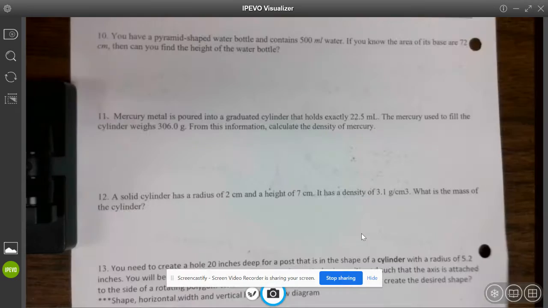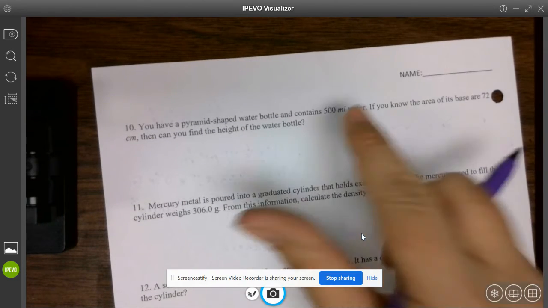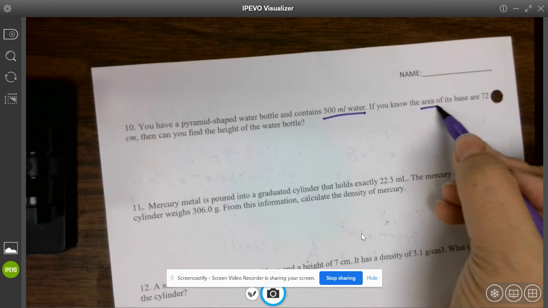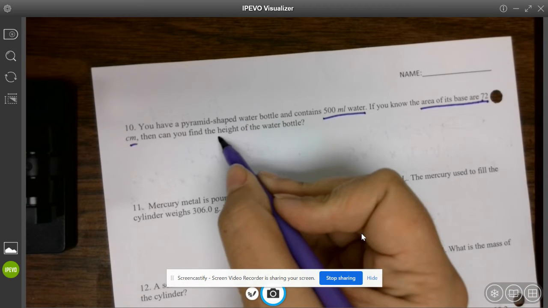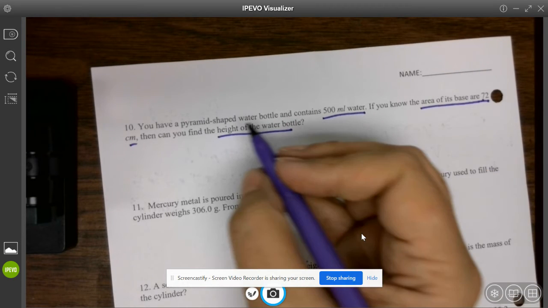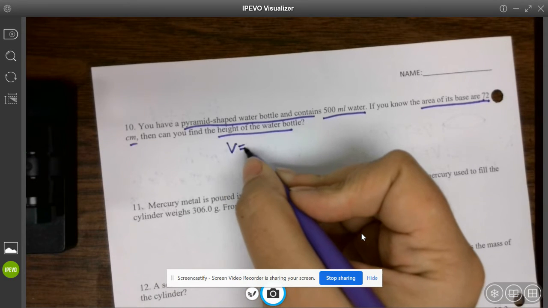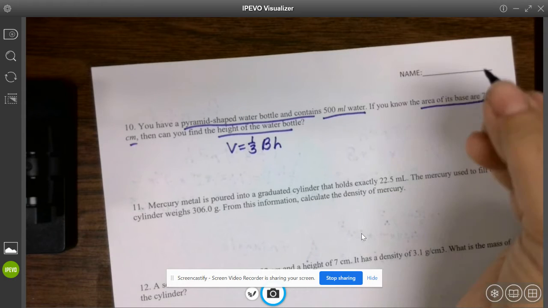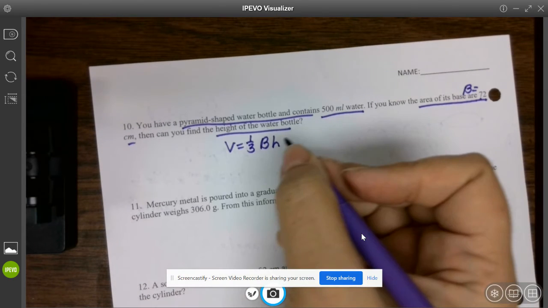Okay, so the next one says you have a pyramid-shaped water bottle that contains 500 milliliters of water. If you know the area of the base is 72 centimeters, then you find the height. So pyramid is 1/3 times the area of the base times the height. This is the area of the base, and we want to find the height.